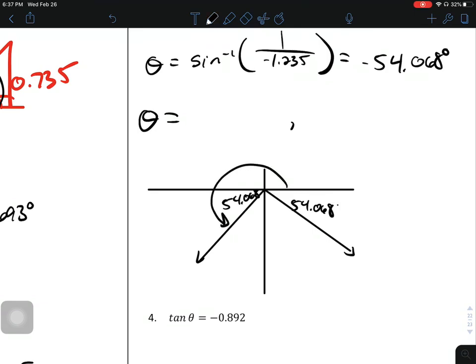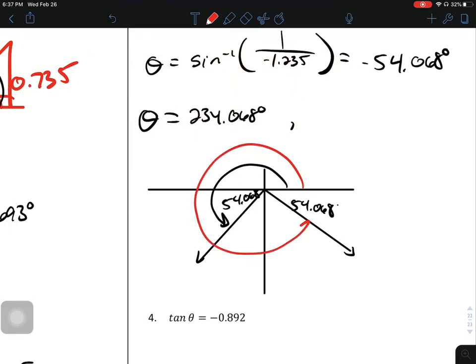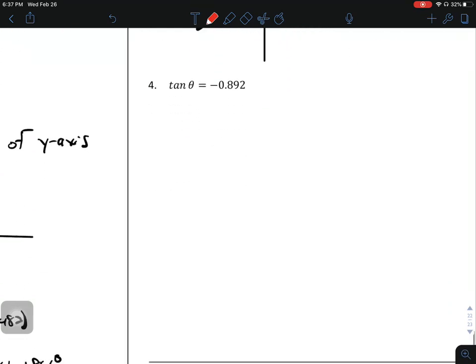So this angle is going to be 180 degrees plus 54 degrees. That's going to be 234.068 degrees. And this one here is just about 54 degrees short of 360. It's going to be about 305.068 degrees.